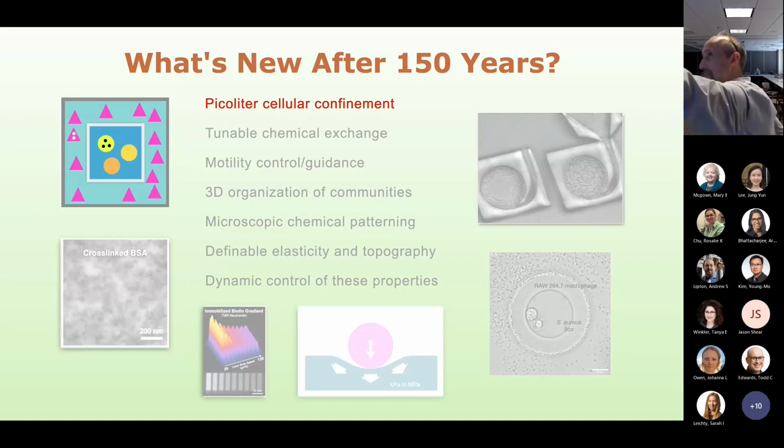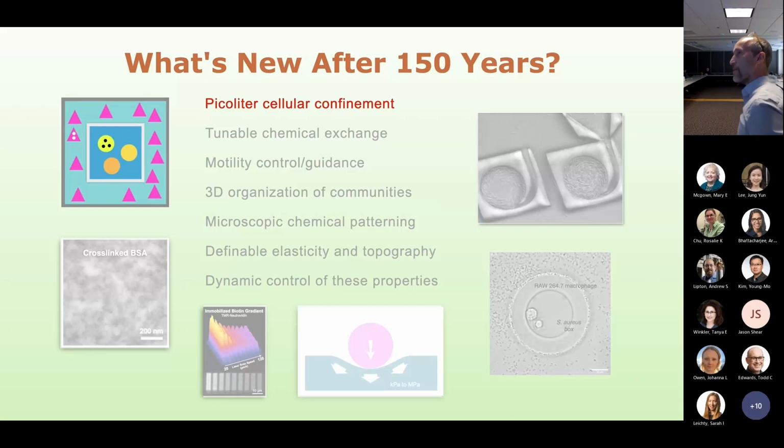This very schematic picture is showing something similar to what I had on the title slide, where we might have one chamber that's a picoliter in size that contains some number of cells, compartmentalized and surrounded by another group of cells. They may have very different behaviors and different types of signaling molecules.